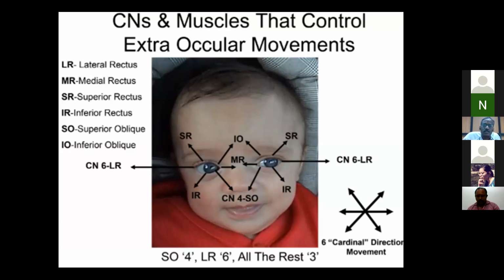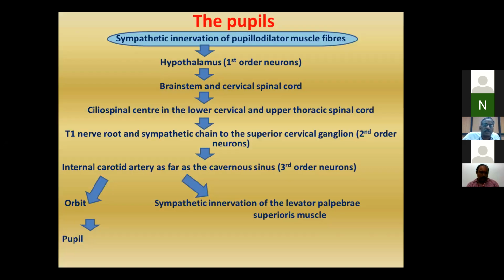So when we are concerned with the eye movements, 3 nerves are involved: the 3rd nerve, 4th nerve, and 6th nerve. These 3 we want to examine simultaneously. The second nerve is responsible for vision. This is the concern with the pupil.